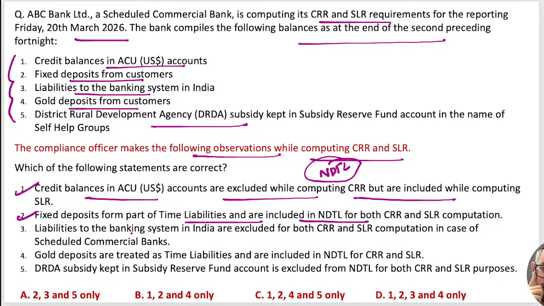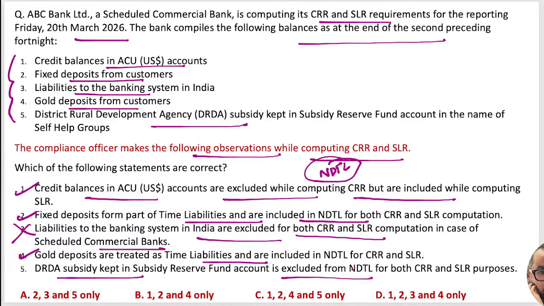Third one is liabilities to the banking system in India are excluded from both CRR and SLR computation in the case of scheduled commercial banks. This is wrong, they are included basically, right? The next one is gold deposits are treated as time liabilities and included in CRR and SLR. DRDA subsidy up to 10,000 is excluded from NDTL for both CRR and SLR.